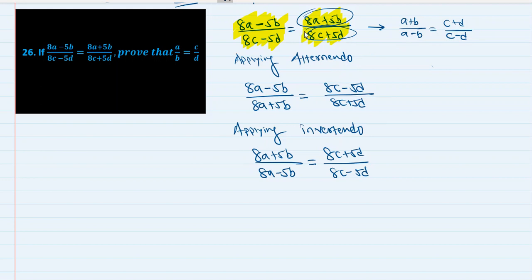When I applied alternando, this term went over here, this term went over here, and then when I applied invertendo, this went up and this went up, and the terms which were in the numerator came down. Now it is in this standard form.